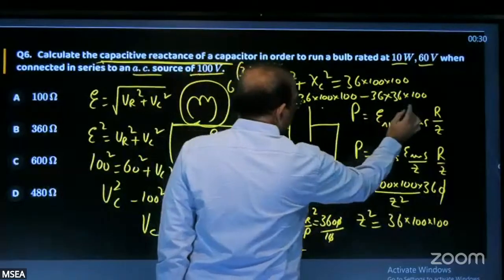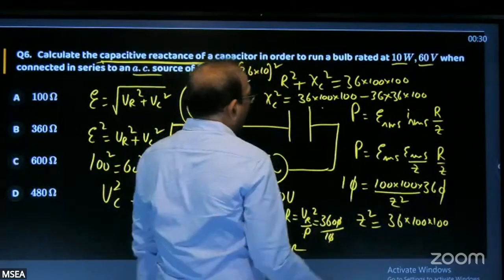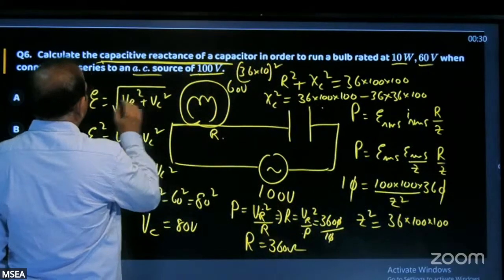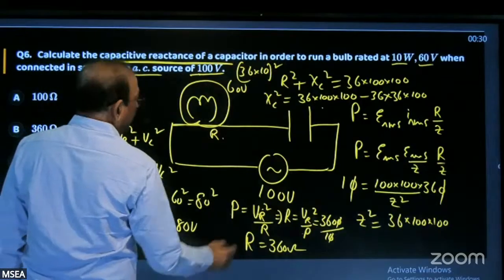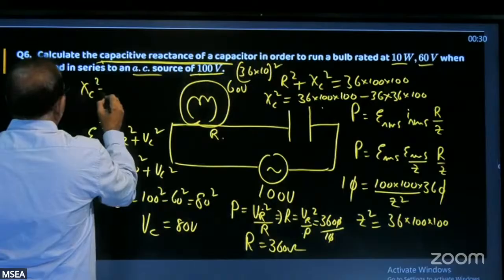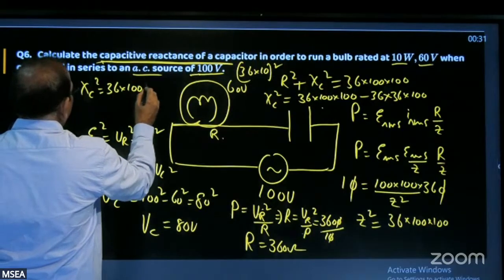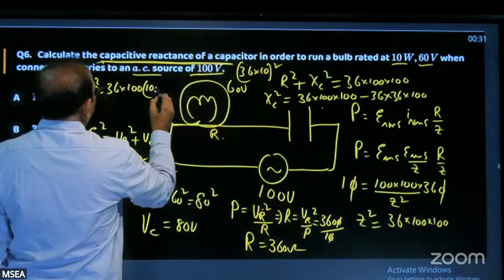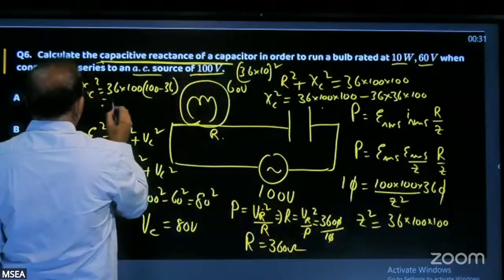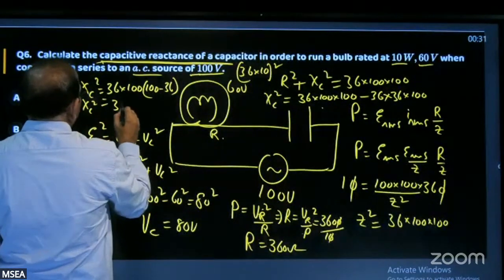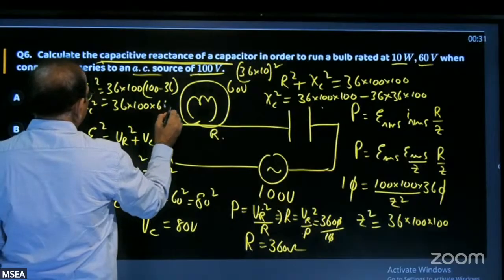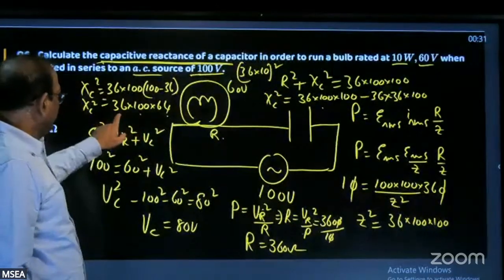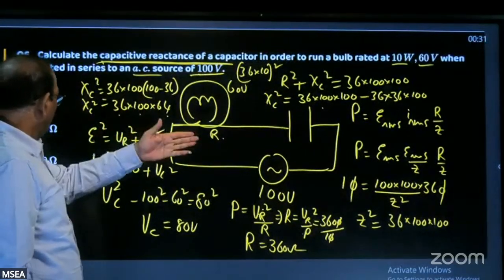Now 36 into 100 is common in both. If I take it common, what will I get finally? XC square equals 36 into 100 into, here, 100 minus 36, which is 64. So XC square is 36 into 100 into 64. XC is the root of this, 6 into 8 into 100, which is 480.